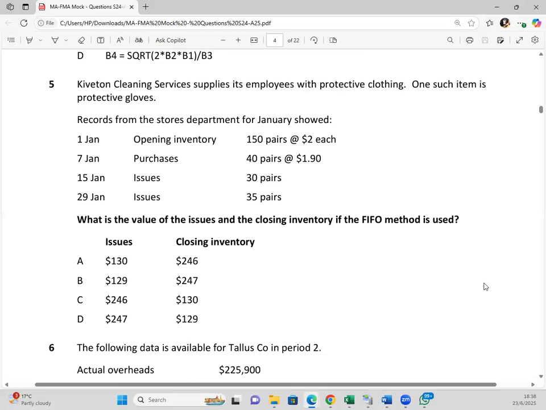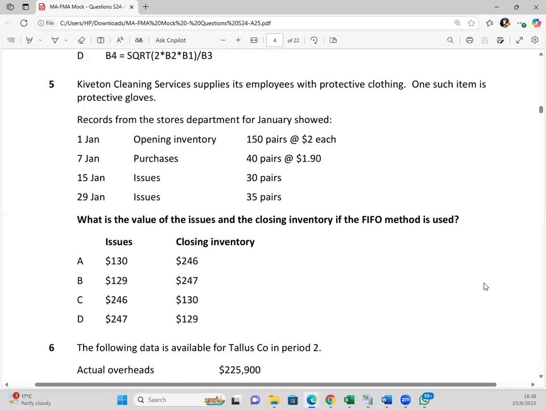So it's just a matter of calculating the value of inventory using the FIFO method. Remember, under the FIFO method, the assumption is that what came in first is the first to be sold. So if we are to sell, we sell first the goods that we bought first.